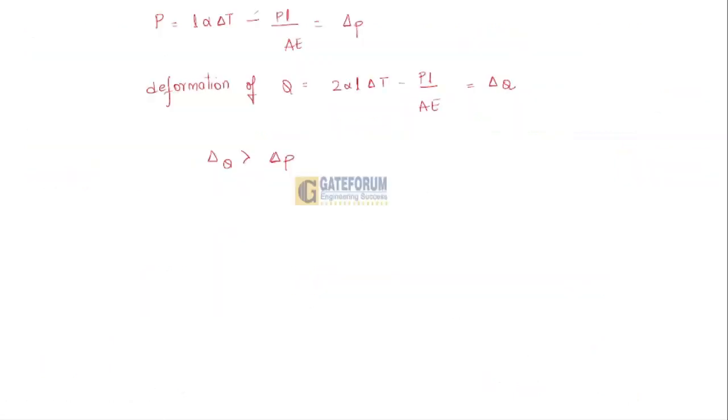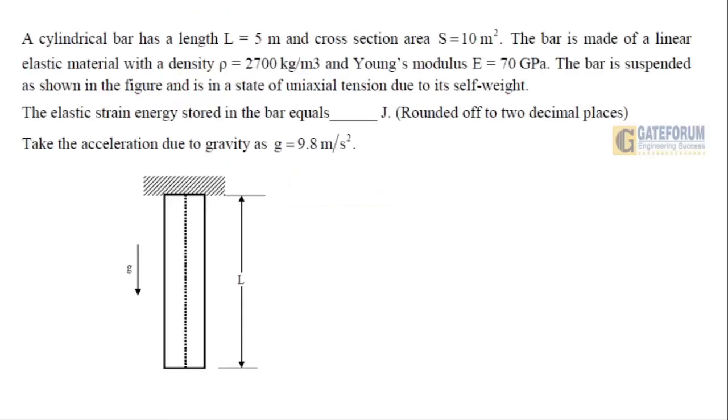Moving to the next question. A cylindrical bar of length 5 meters, cross section of 10 meter square. The bar is made up of linear elastic material with density 2700 kg per meter cube, Young's modulus 70 gigapascal. The bar is suspended as shown in the figure in a state of uniaxial tension due to self weight.